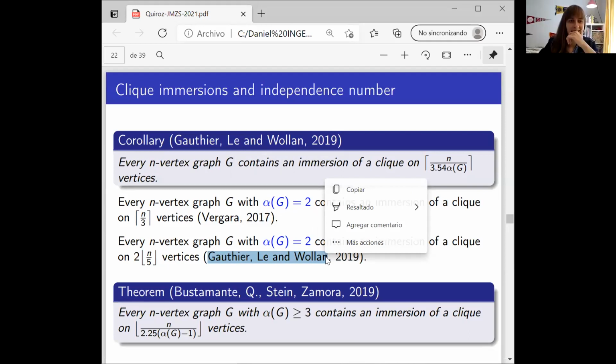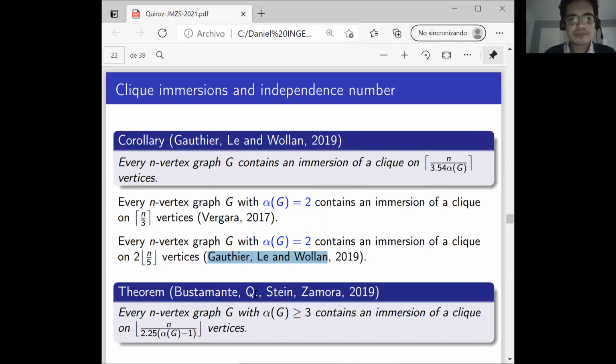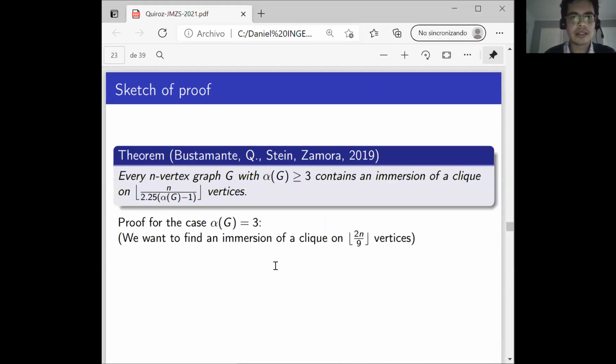Okay, thanks. Okay. So let's try to prove this. We want to prove, and we want to focus on alpha equals 3.